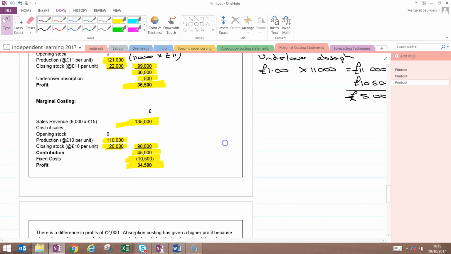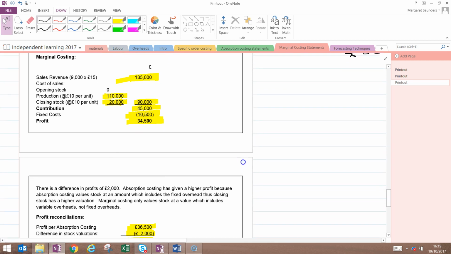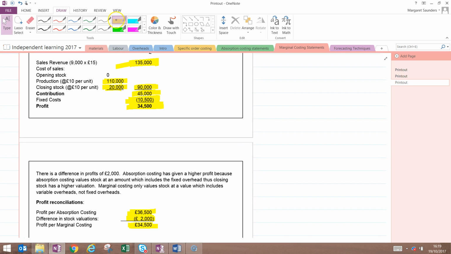With the marginal costing valuation, the closing stock value of £20,000 does not include any of the fixed overheads. So the difference between the two valuations is due to the fixed overhead, which is included in the closing stock valuation for absorption costing.